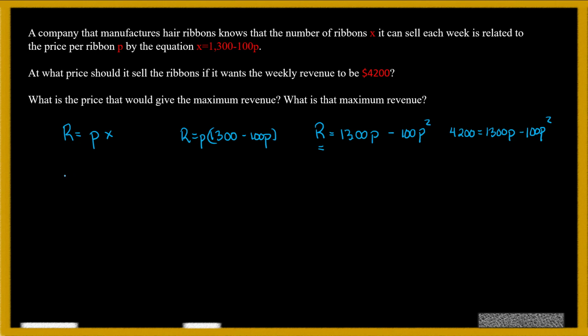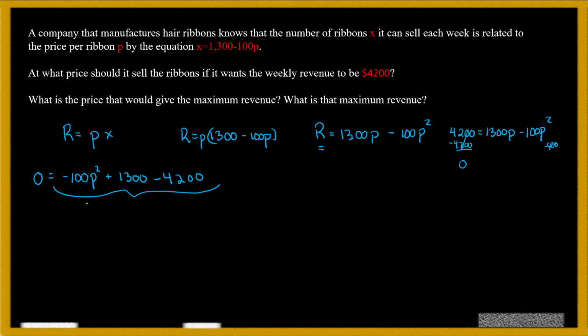I'm going to put the P squared term first, negative 100P squared, and then plus 1300P, but I'm going to move the 4200 over to the other side, so I have minus 4200. Now I have my entire equation, which is equal to 0, because 4200 minus 4200 is 0. So it's in the format that we can now solve.